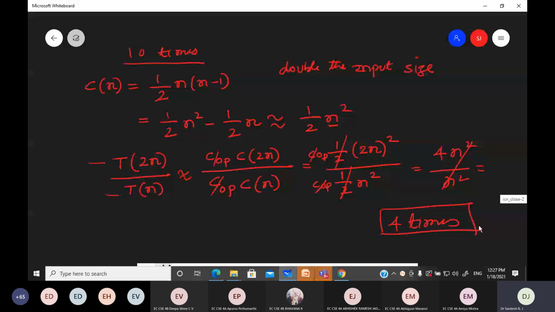Also note that half, which was the multiplicative constant in our formula for C(n), was also cancelled out. For this reason, the efficiency analysis framework ignores the multiplicative constant, and we concentrate on the count's order of growth. So we only concentrate on the count's order of growth to compare different algorithms.